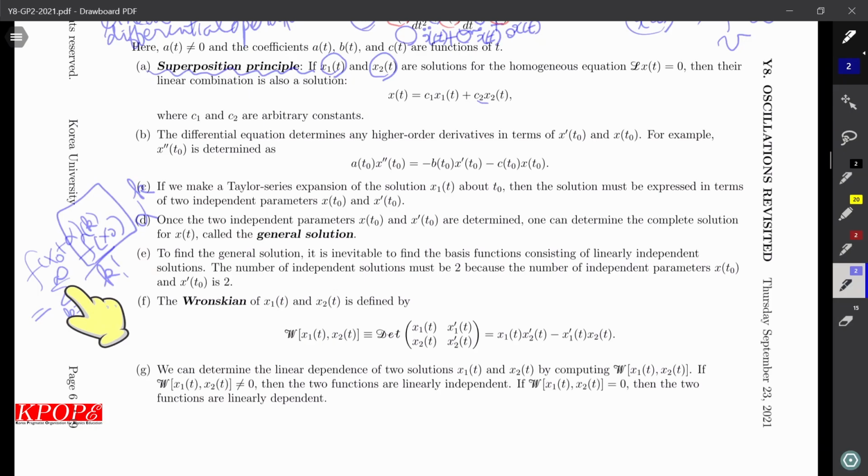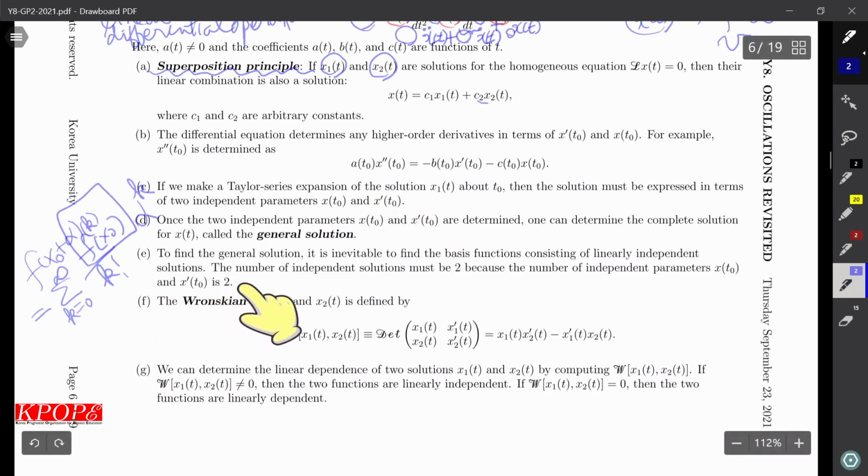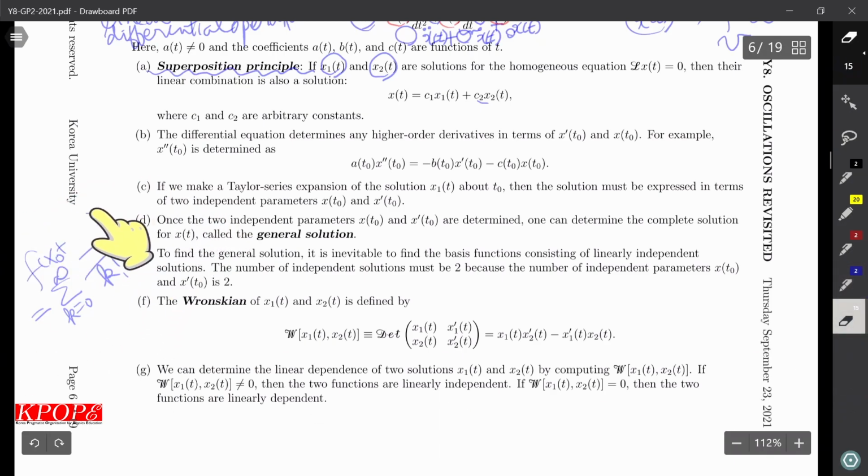We need to know the differential coefficients to any order. However, because this function satisfies this differential equation, the independent parameters for the whole set of derivatives at x equals x0 are only 2. So there are only 2 independent parameters to determine the complete solution for this second order linear differential equation.